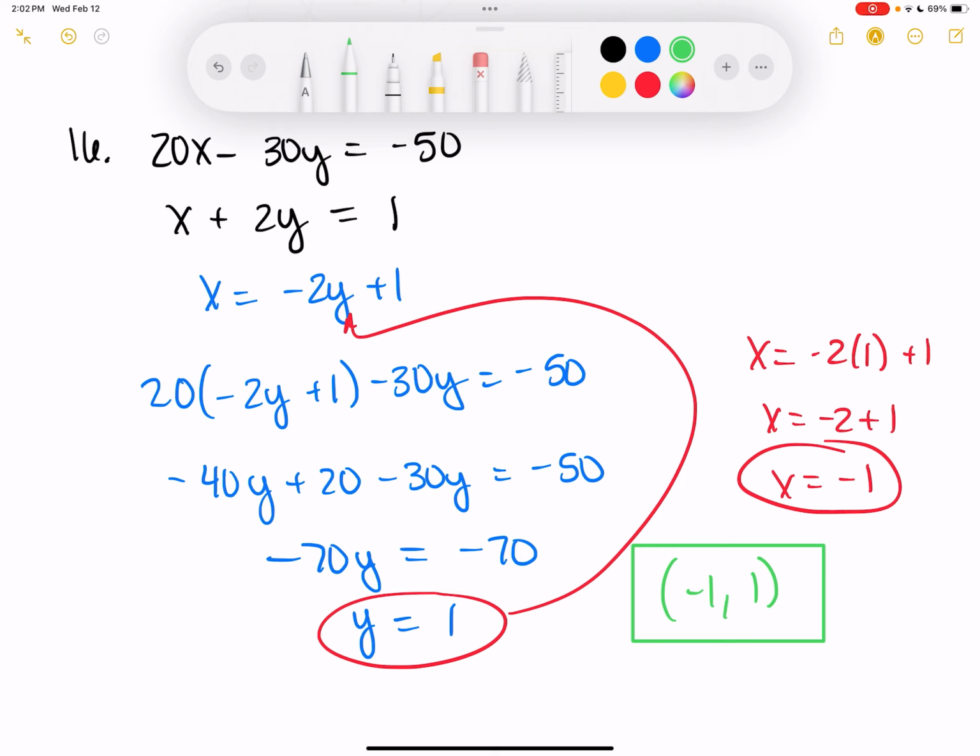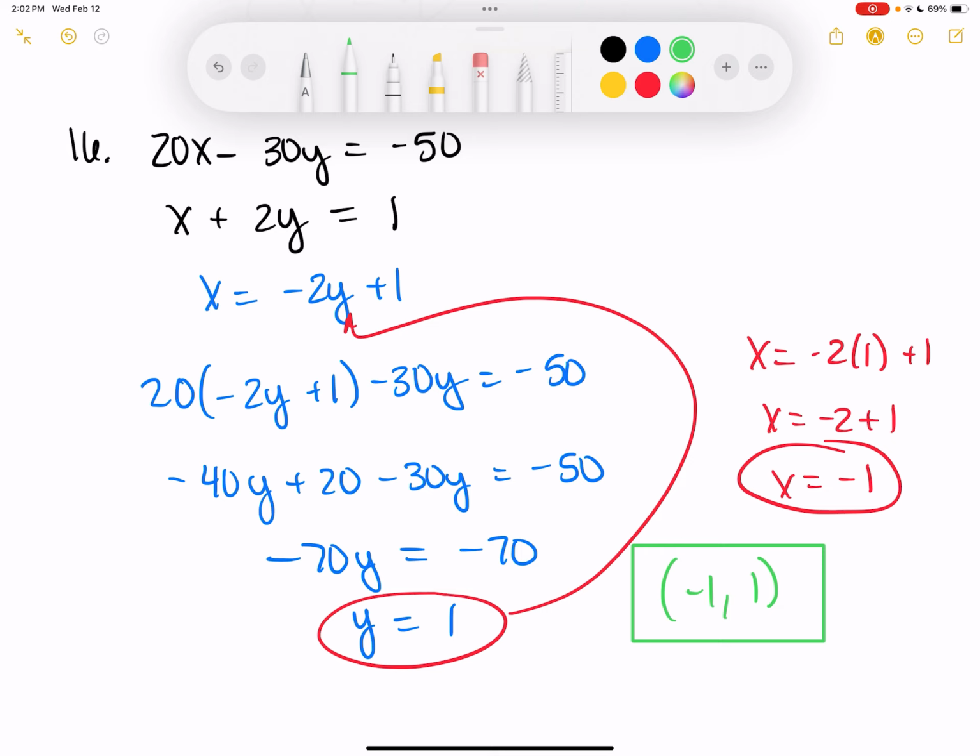Ooh. So yeah, x by itself, so we subtracted the 2y, so x equals negative 2y plus 1. Then I take that and I plug that in for x in the top equation, so 20 times negative 2y plus 1 minus 30y equals negative 50. Distribute: negative 40y plus 20 minus 30y equals negative 50.